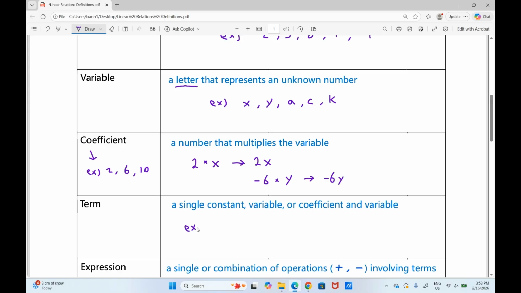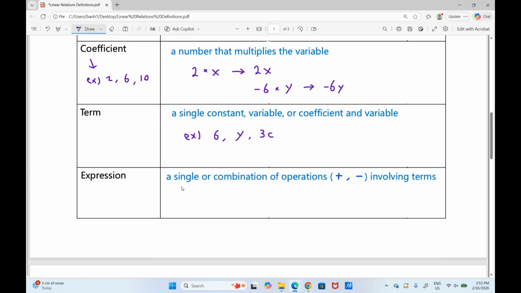So examples of a term could be just the number 6, the variable y, or a coefficient multiplied by a variable, so we could say 3c. Those are just examples of terms, but they're just a single one. So the term could either be 6y or 3c, but it can't be these combined together.